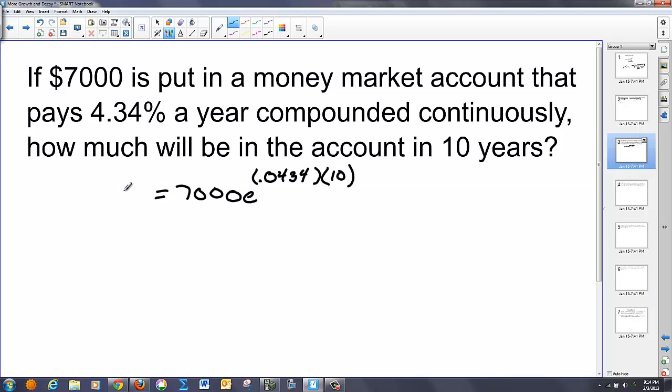We want to find out how much money we have in the end, and that's just a calculator problem. So we pop that in, and we end up getting roughly $10,803.93.